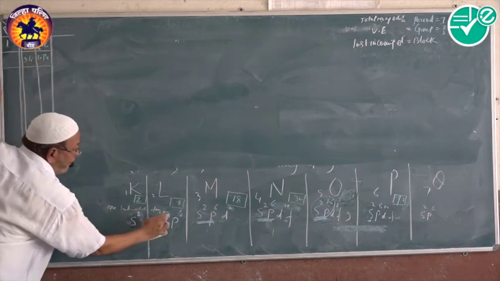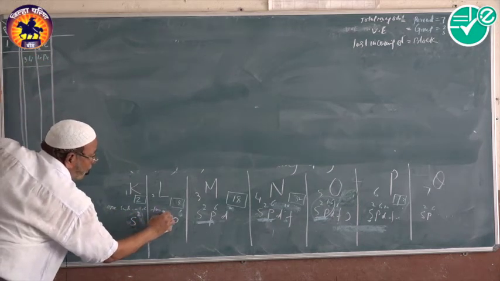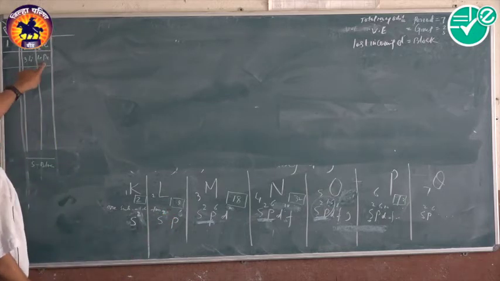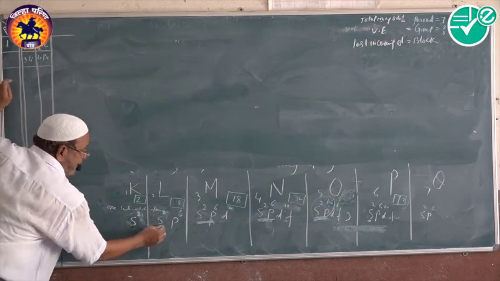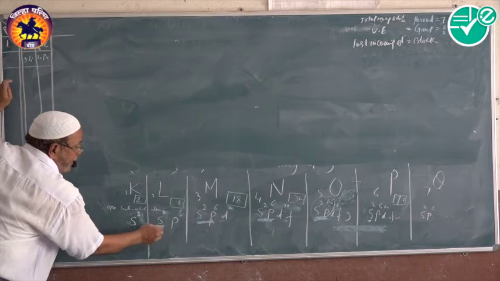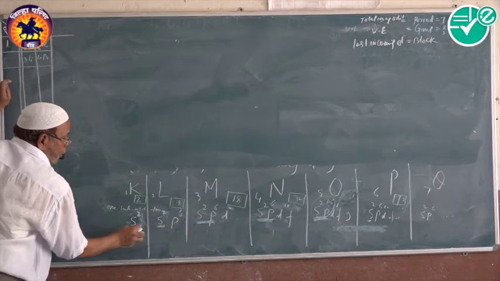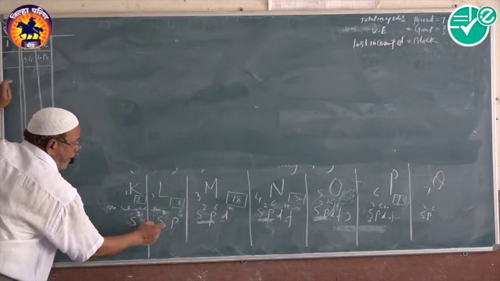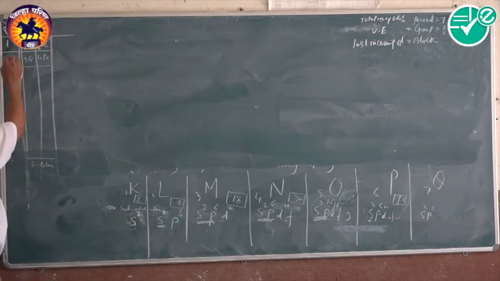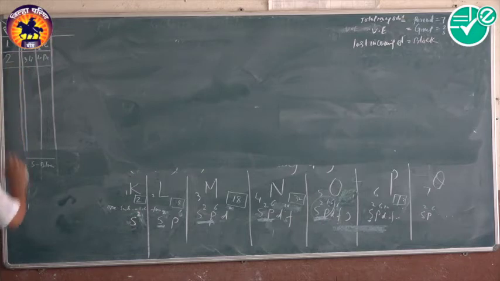And in the case of beryllium, it has 2 valence electrons, hence second group. In both cases, lithium and beryllium, the total number of orbits is 2, hence period is 2.